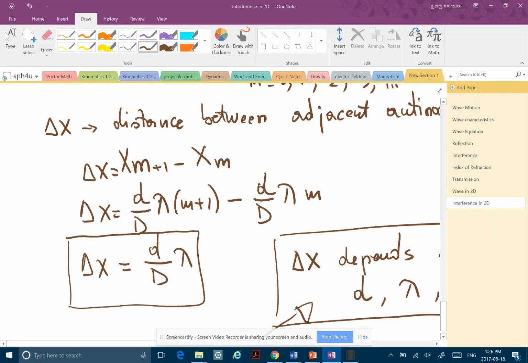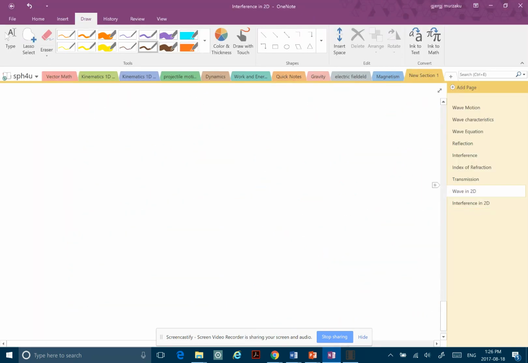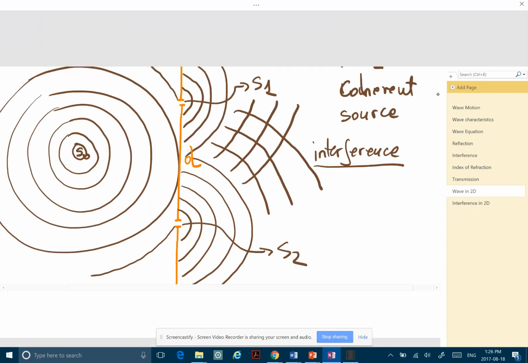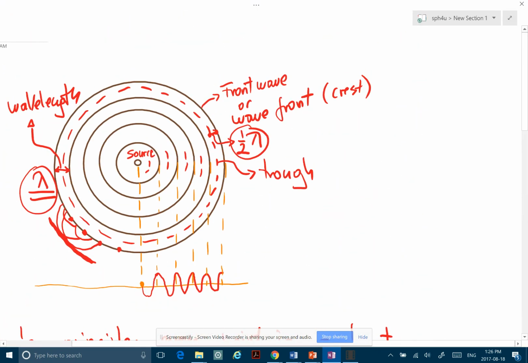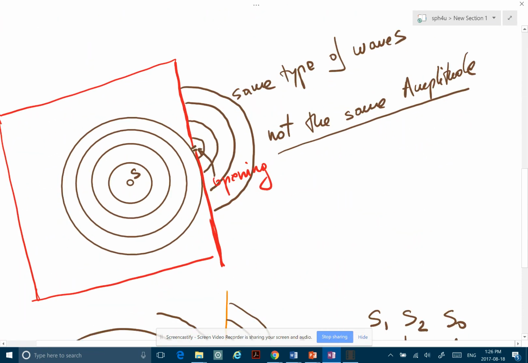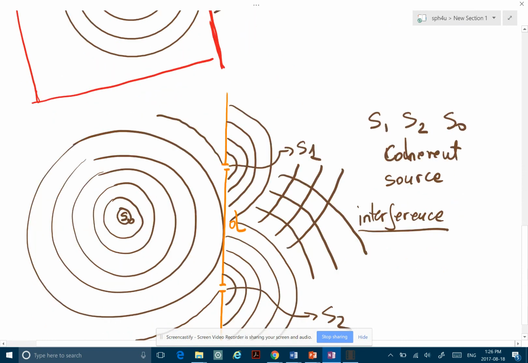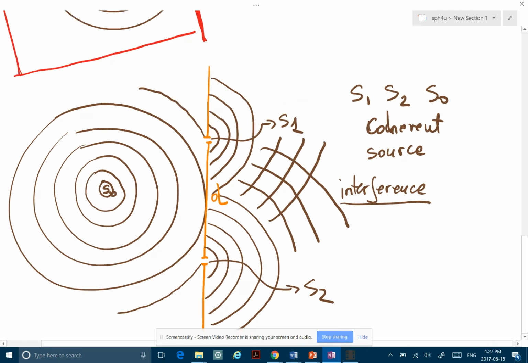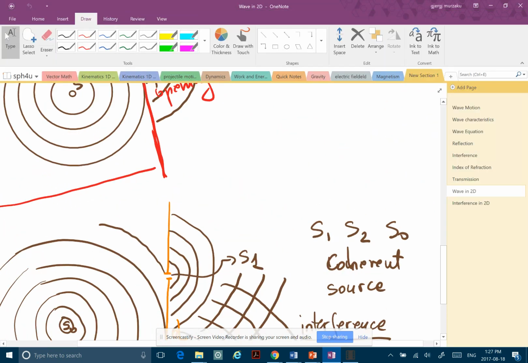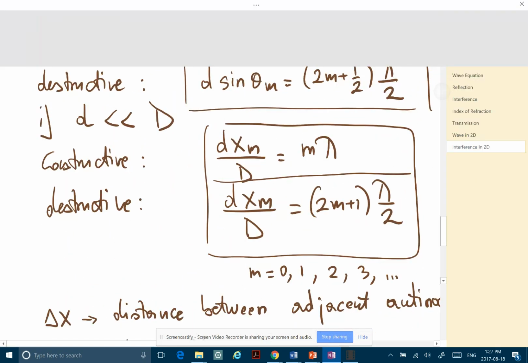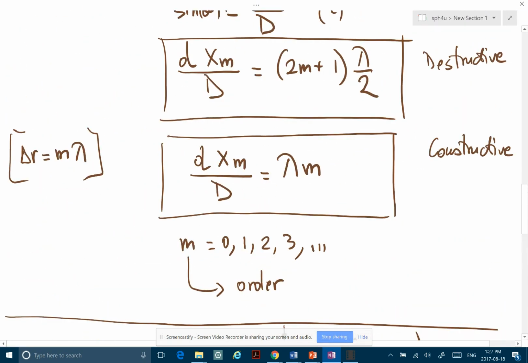So to recap, we talked about waves in 2D in general, the Huygens principle, how it's shown in experiments, then extra thinking: how can I get coherent sources with the two slits? And then we went into what happens when you get interference.